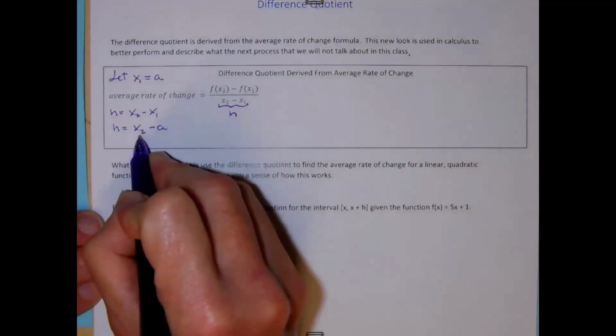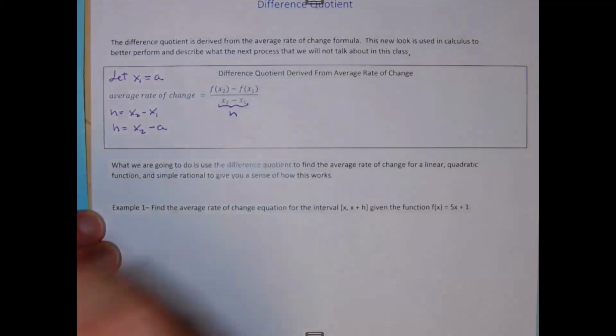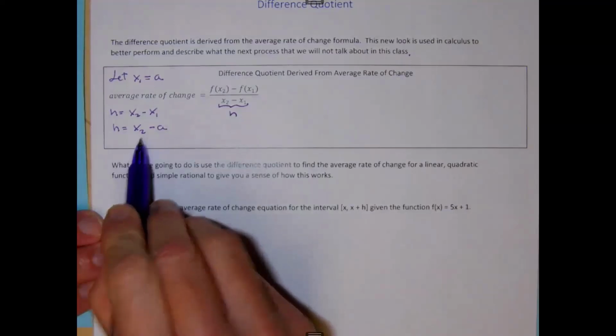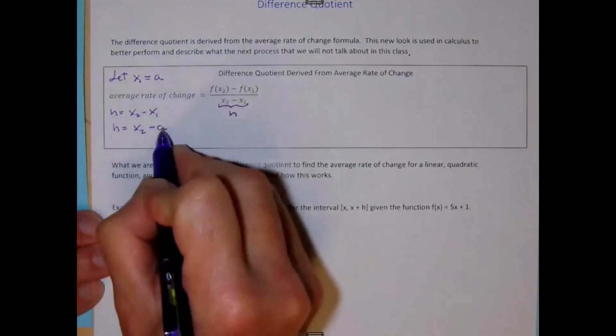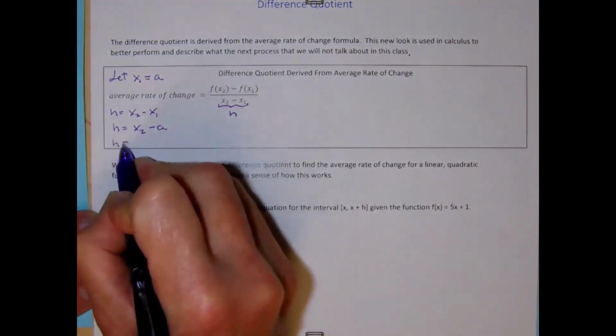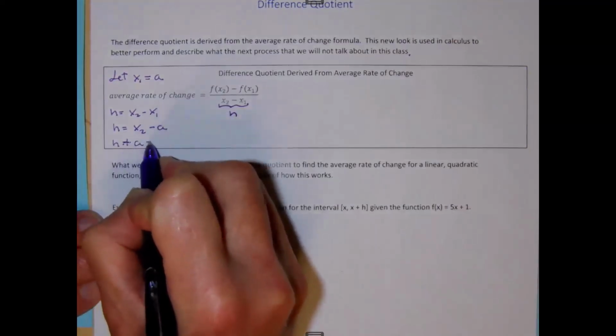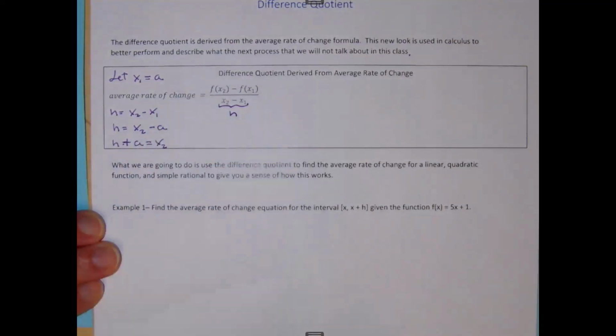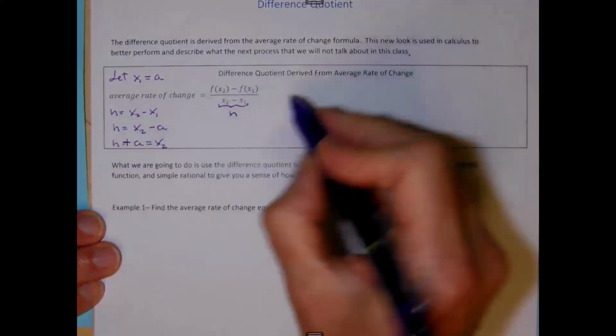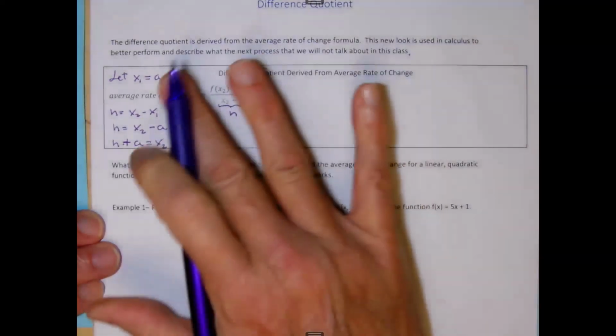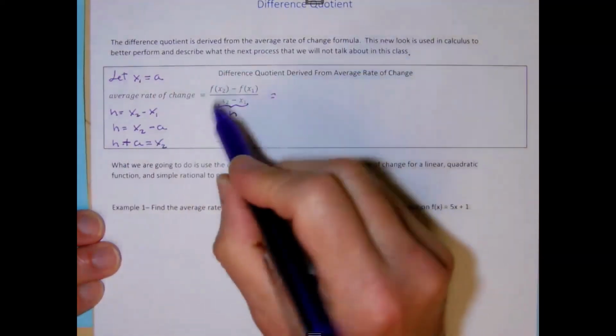Now that I've done this, I'm going to solve for x2. So I'm going to add A to both sides, and when I do that, I have the following. It seems like all we've done is change variables, and we have. The question is, what is this going to do for us? It's a way of re-expressing this.